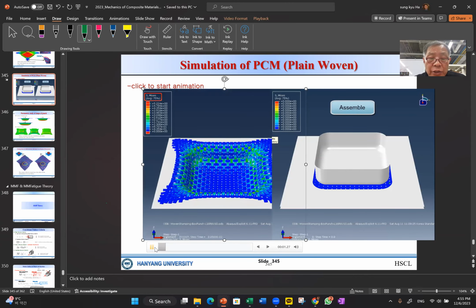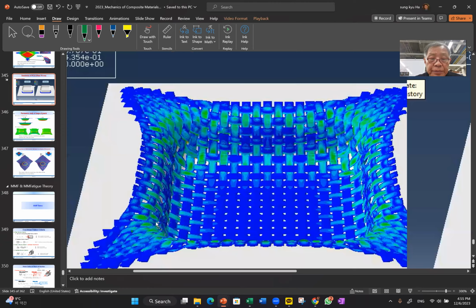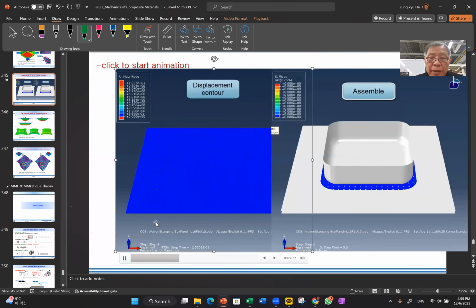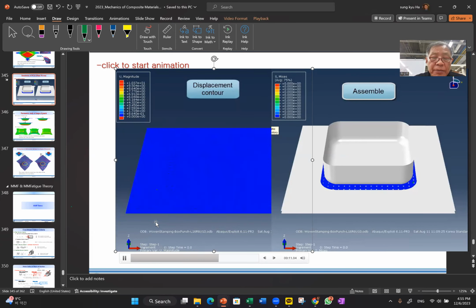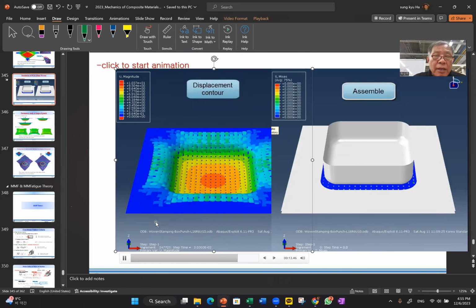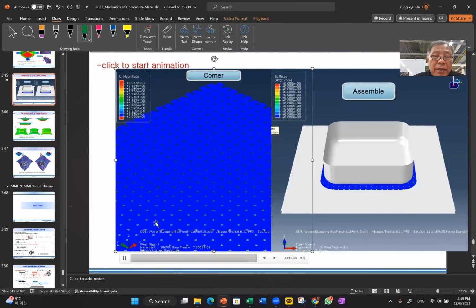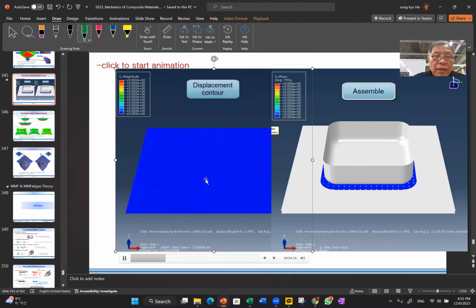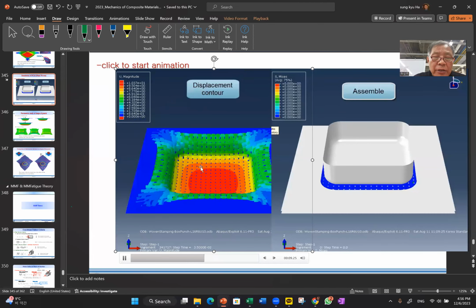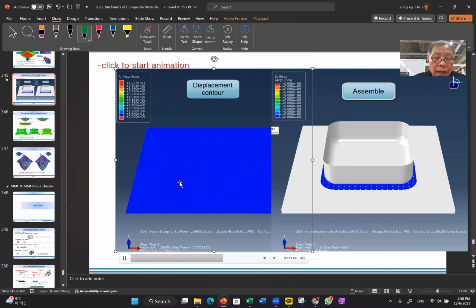Okay. Now, as you can see here, how can we deform various shapes? Imagine you make a battery pack using some sort of prepreg and then press, and you can predict the final shape. By the way, this is not simulated through PAM. This is simulated using Abaqus. And how do we do that?